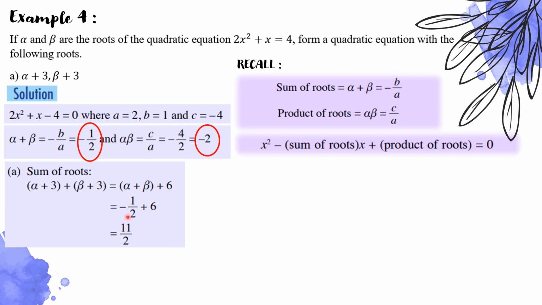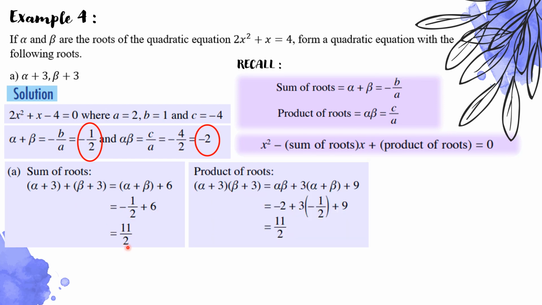And then alpha plus beta is actually negative 1 over 2. So negative 1 over 2 plus 6 is 11 over 2. And then you need to find the product of root. Product of root is alpha plus 3 times beta plus 3. Okay, alpha times beta gives alpha beta. Alpha times 3, you get 3 alpha.